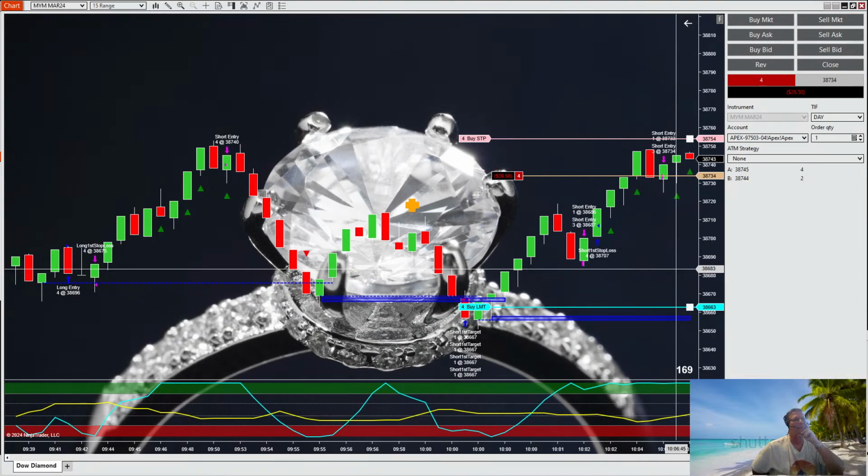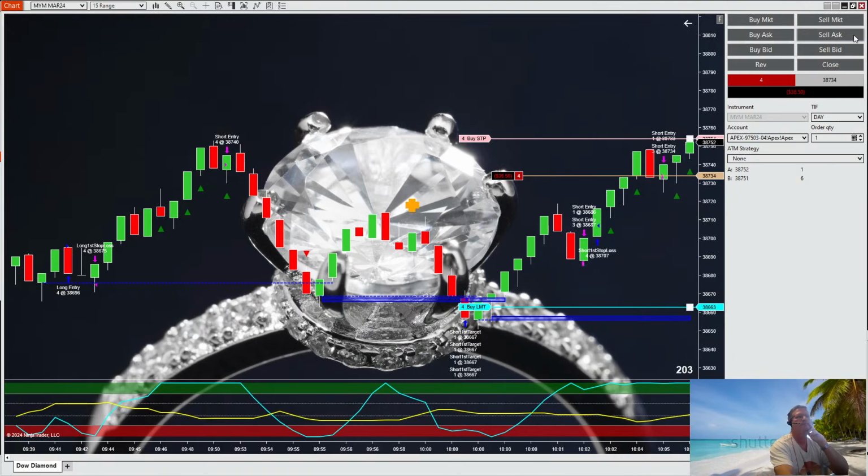The Dow is really all over the place. Order filled. No good. Got a lot of room to the downside here. It's tempting to give it a little more room, but we'll leave it as it is.